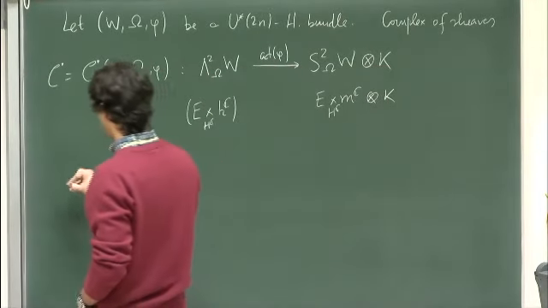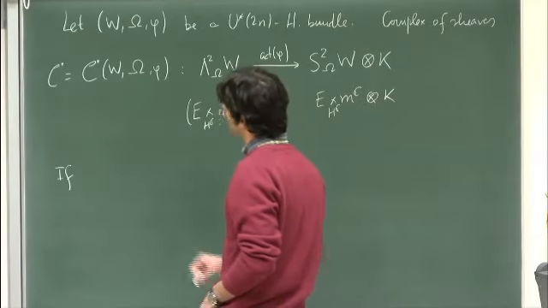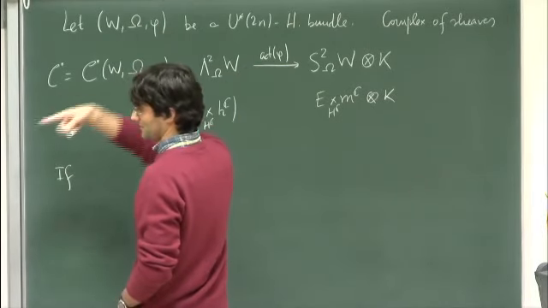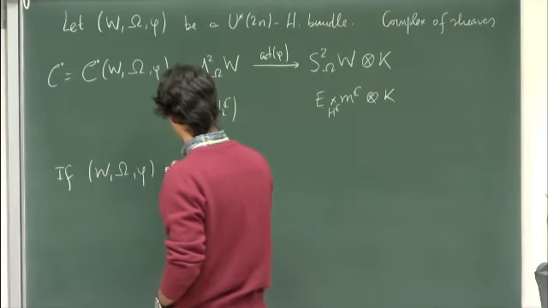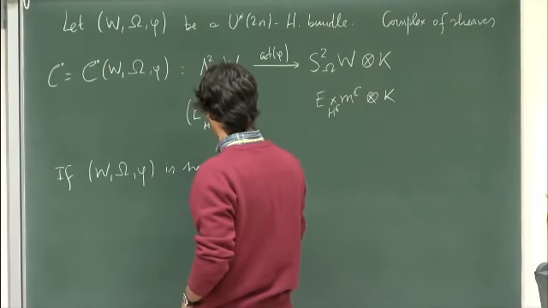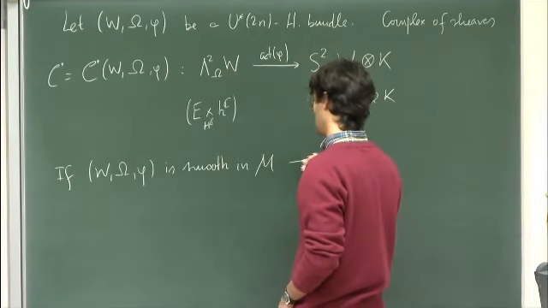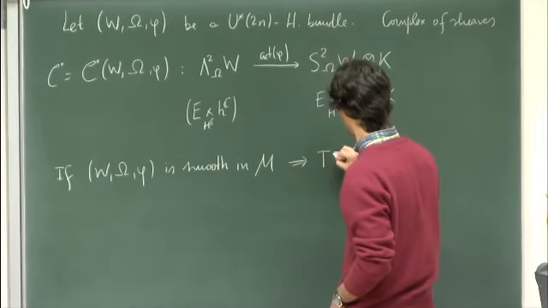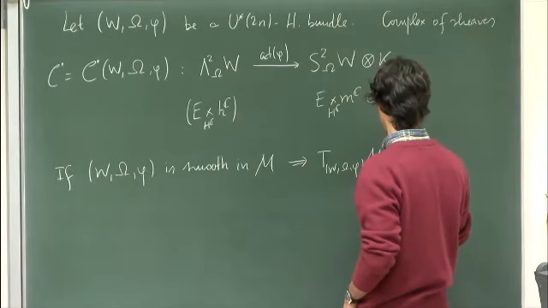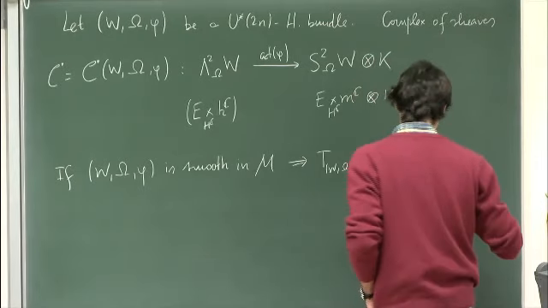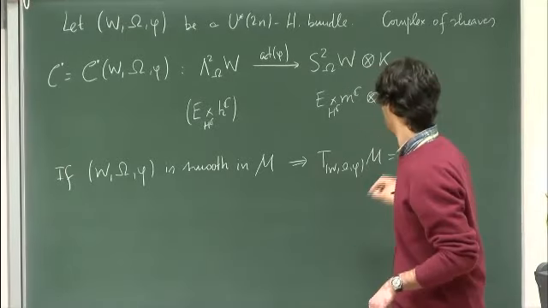In particular, if this one is polystable, so if it represents a smooth point in the moduli space, then the tangent space to M is the first hypercohomology group of this complex.